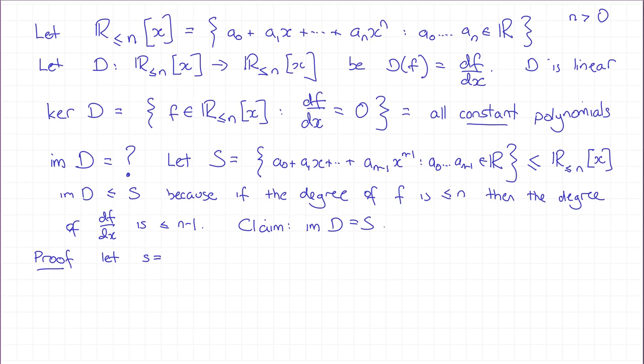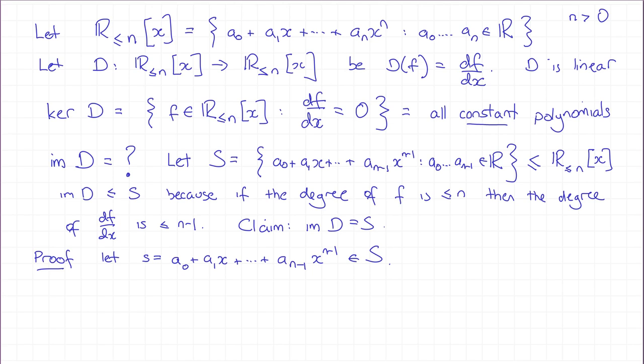So we'll call this element little s, and I'd like some notation for its coefficients. So I can write it as a0 plus a1x plus, and I go up to an minus 1 x to the n minus 1. And that's what an element of capital S looks like. It's a polynomial of degree at most n minus 1.